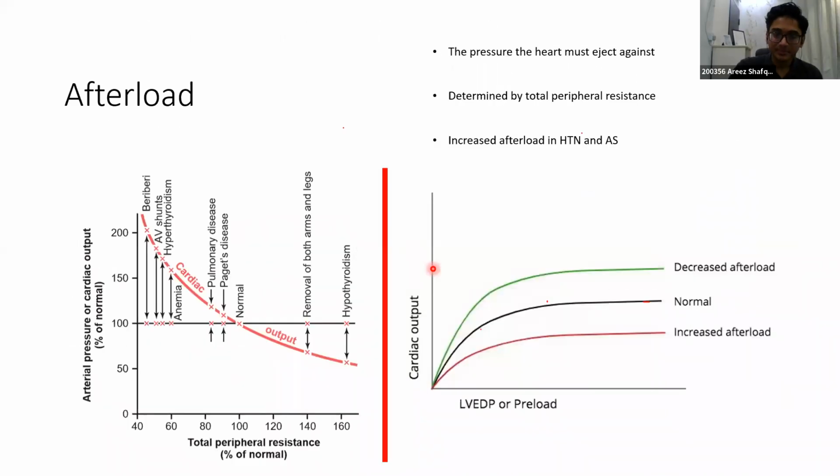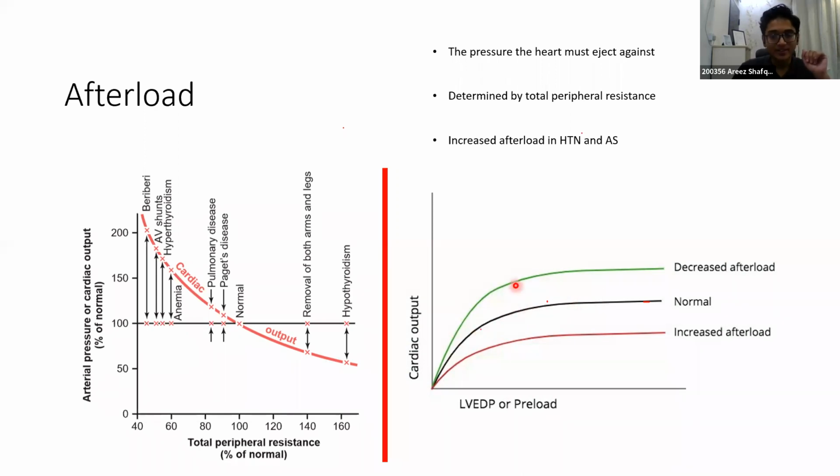So just to summarize, they will show you a curve like this in the exam, okay? What you need to know is as long as I'm moving along one curve, I'm following Frank-Starling, because preload and cardiac output are changing in the same direction. As preload decreases, cardiac output decreases. As preload increases, cardiac output increases.